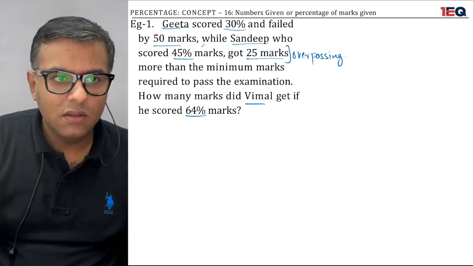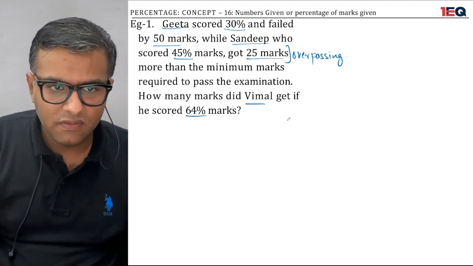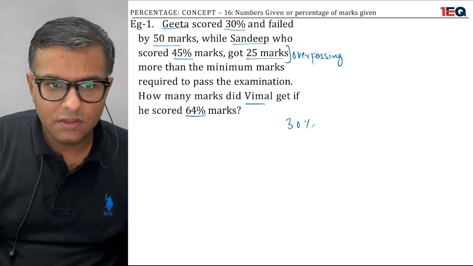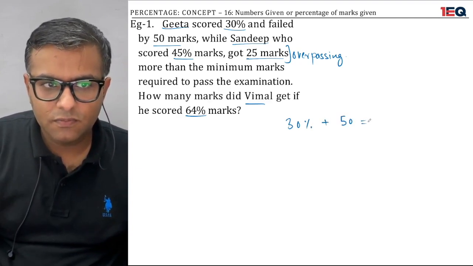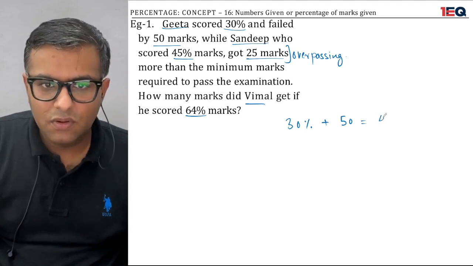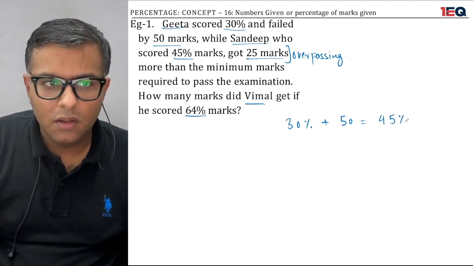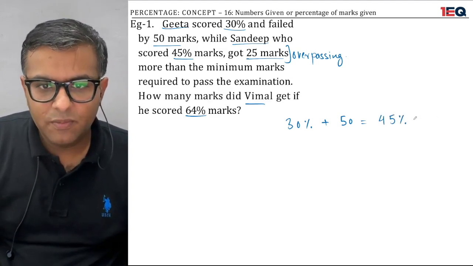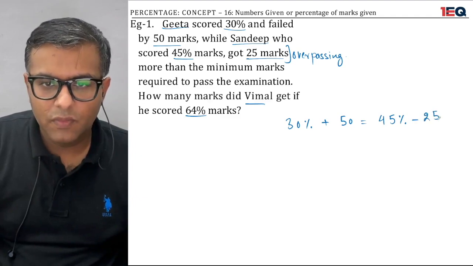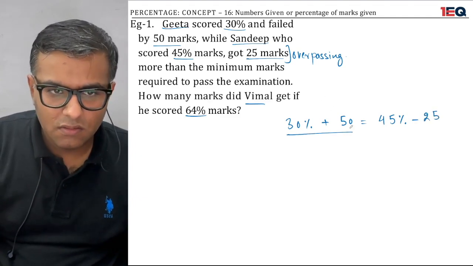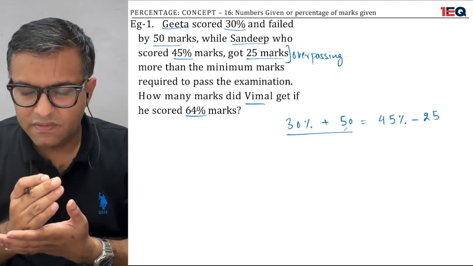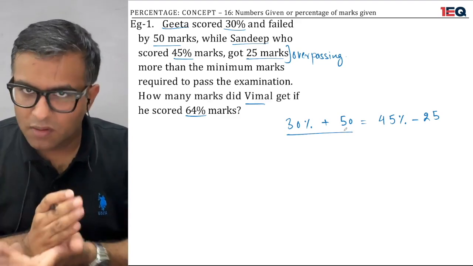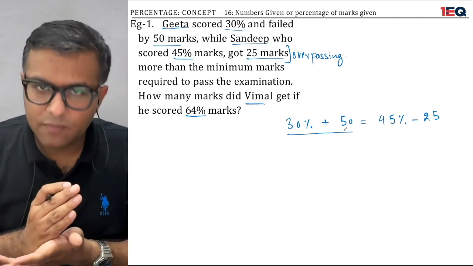Overpassing and scoring less. Now the score of Geeta is 30% and she was left behind by 50 marks. Sandeep scored 45% and got 25 marks more. So Geeta scoring 30% and getting an additional 50 marks would bring her to the border of passing.